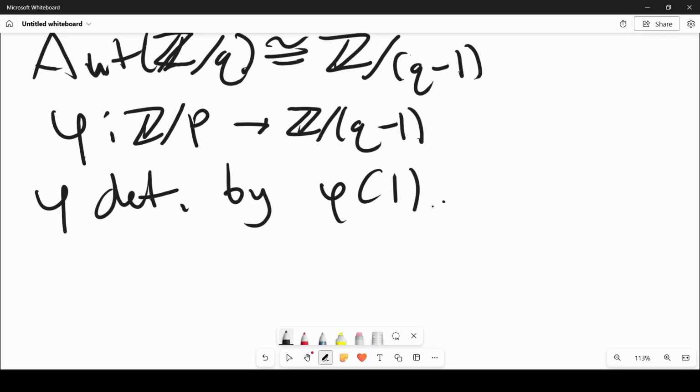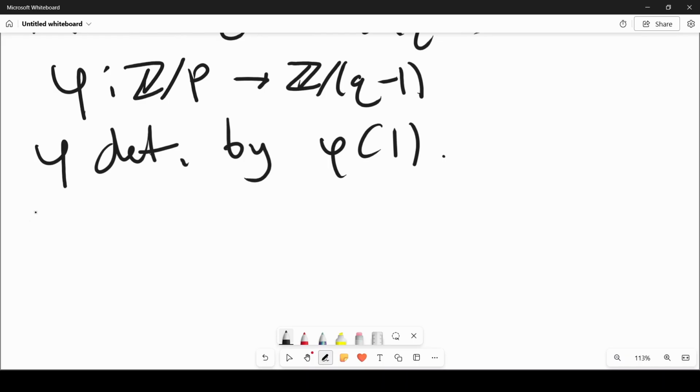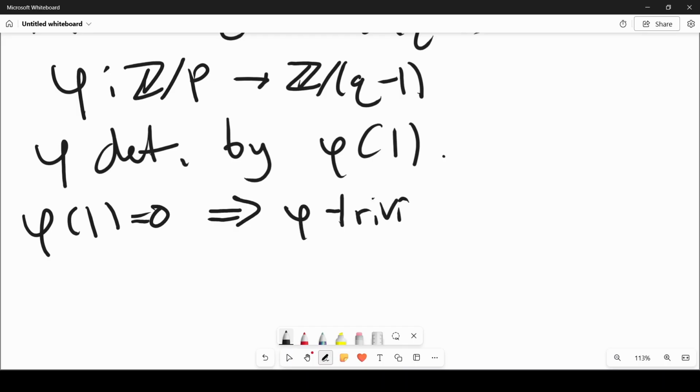Okay? Now notice if varphi of 1 is 0, then the map is trivial, which by our corollary above implies that G is isomorphic to Z mod Q cross Z mod P.